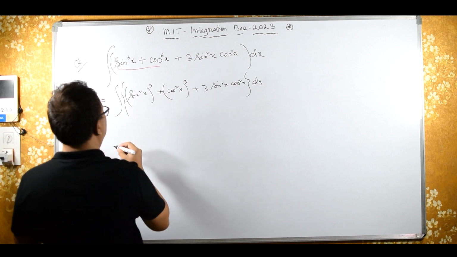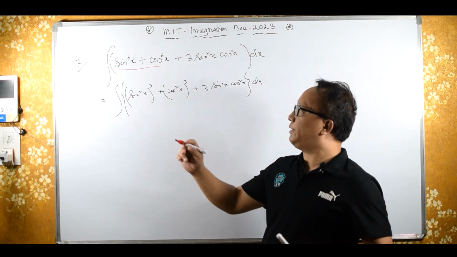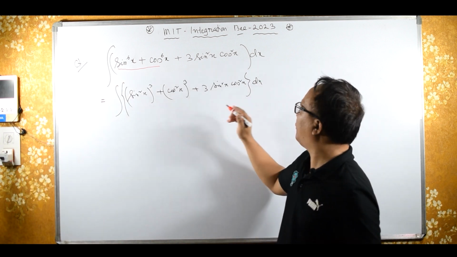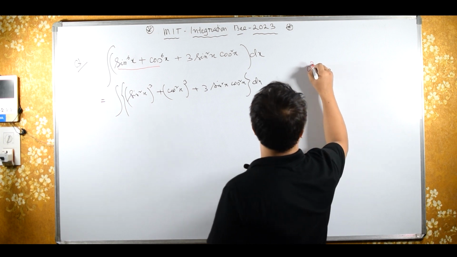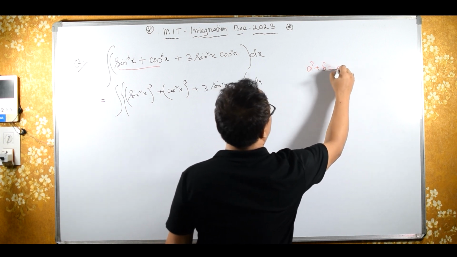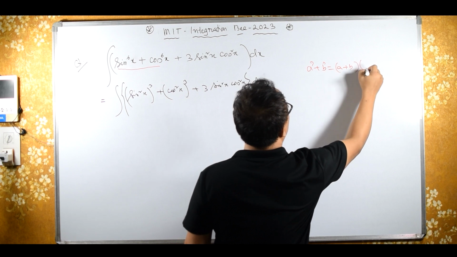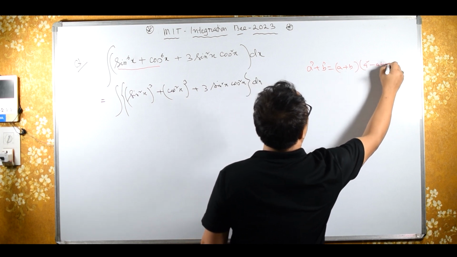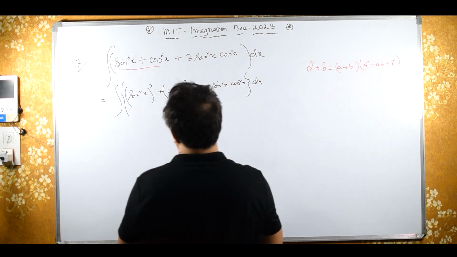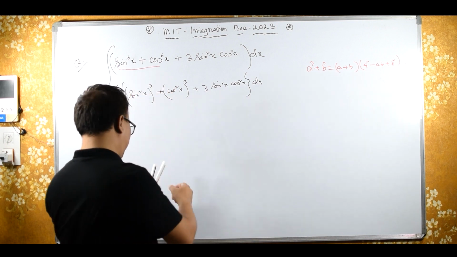Now remember, here we have a cube plus b cube. What is a cube plus b cube? a cube plus b cube is the same as (a plus b) into (a squared minus ab plus b squared). Now let's apply this formula here.